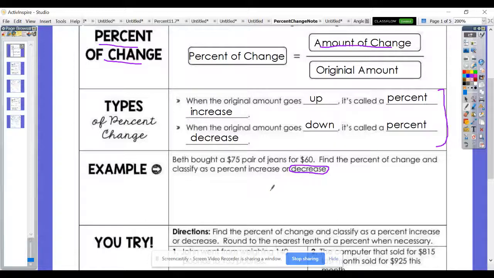So one way that you can do that is I can start with the amount of money that I'm actually paying. So that's what I pay. And subtract from that the original amount.